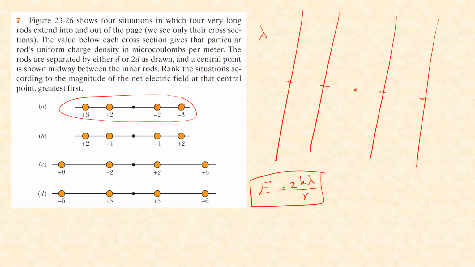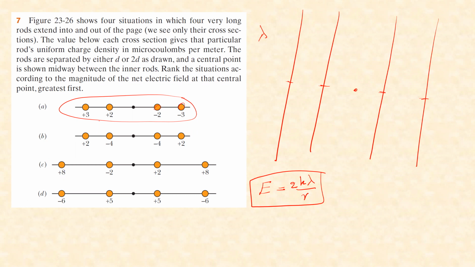This is the magnitude, and the direction is directly away from the rod or directly toward the rod, depending on whether the charge is positive or negative.